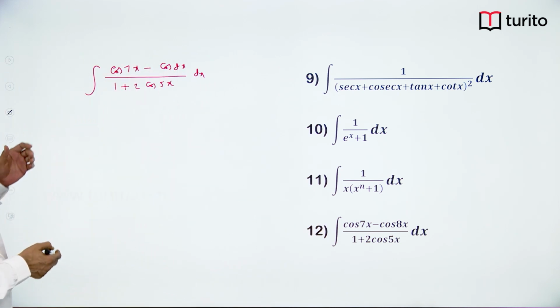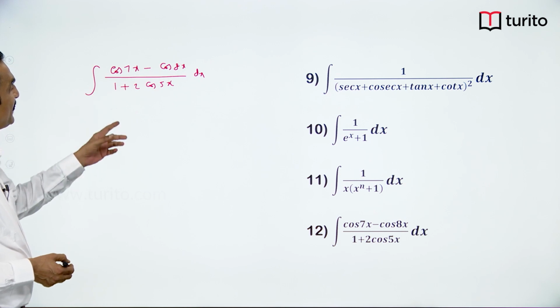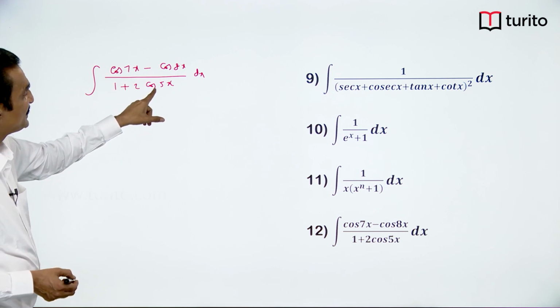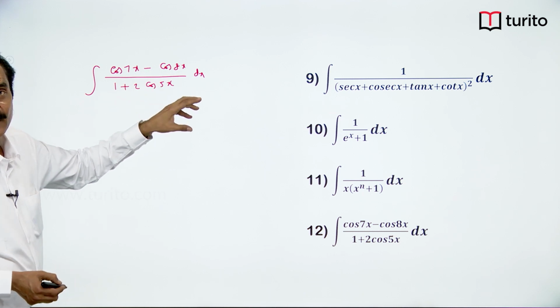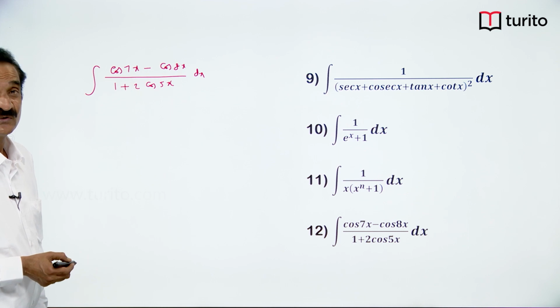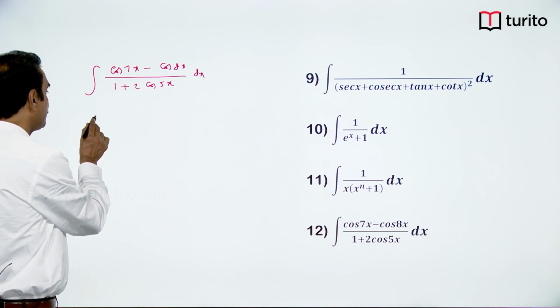Now, multiply and divide by sin 5x, so that this 2 cos 5x sin 5x becomes sin 10x. I will multiply and divide by sin 5x.